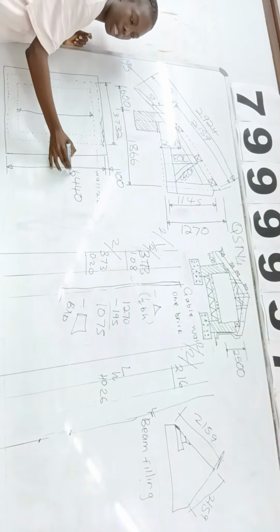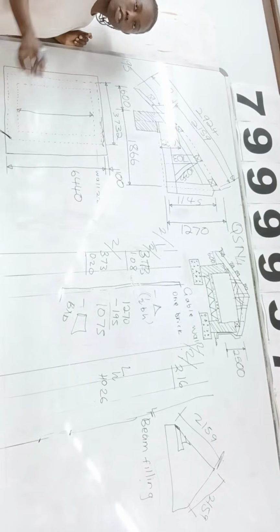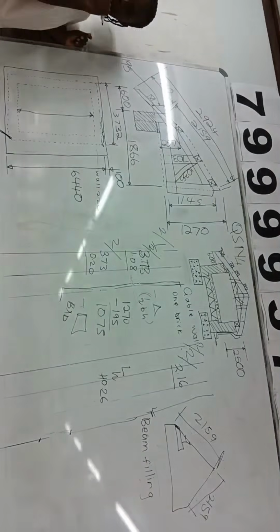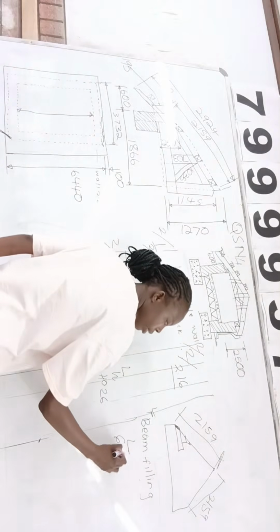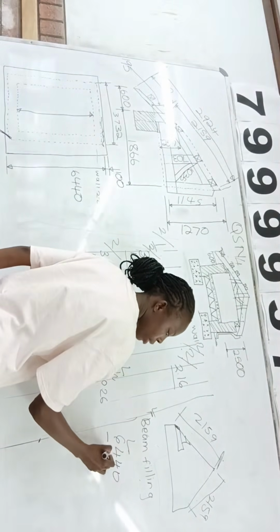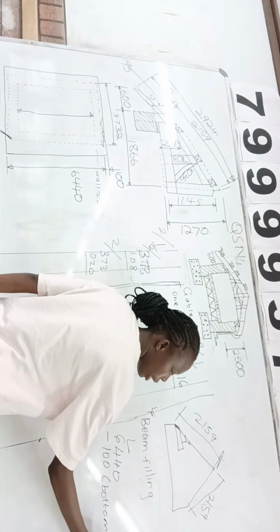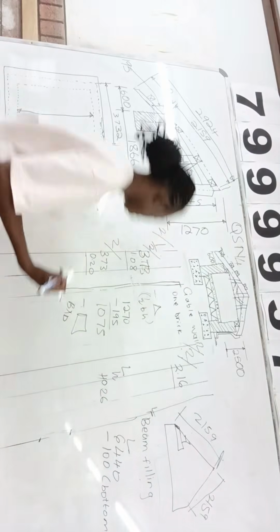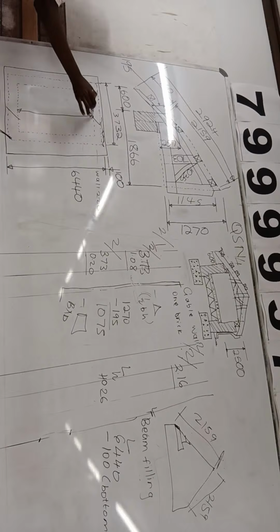So it's going to be 6440 minus 100. It's not going to be 2 of 100 because this 6440 is not including the top 100. So the length is 6440 minus 100 for the bottom gable end, and then minus 220 at the bottom, minus 220 at the top.